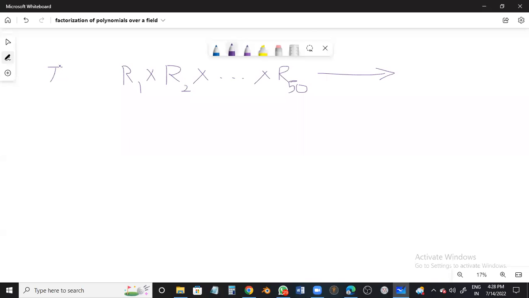So by pi i, let me say it is pi 11 from this cross product to, of course, R11. And if I'm having my vector as suppose U1, comma, U2, comma, and so on up to U50.